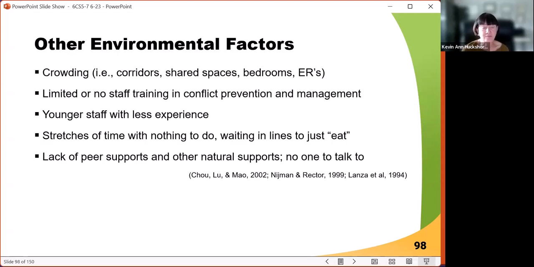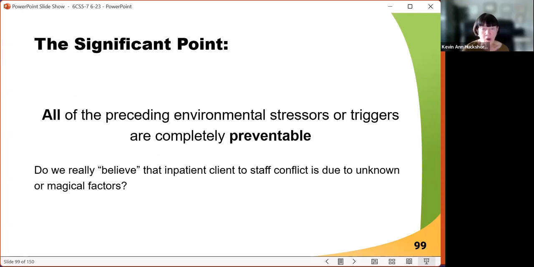Crowding, poor staff training in conflict prevention and management, younger staff with less experience, nothing to do, lack of peer support. Next slide. All the preceding environmental stressors or triggers are completely preventable if we identify them, we talk about them, and we have the power to either bring them to supervisors or change them.